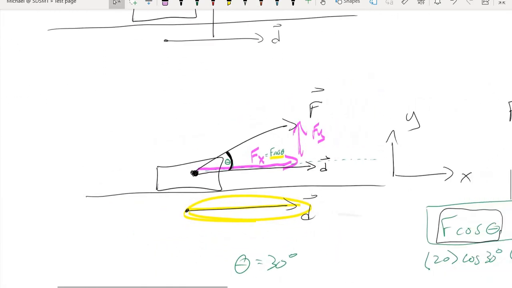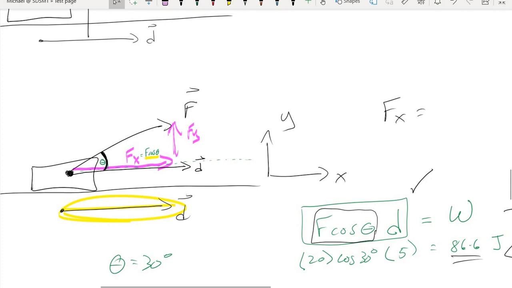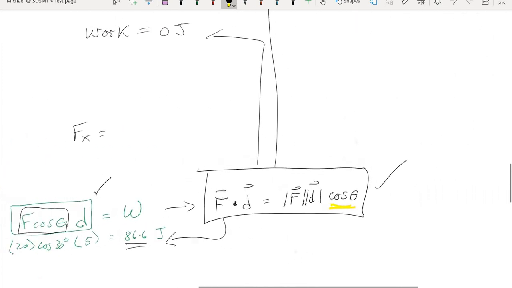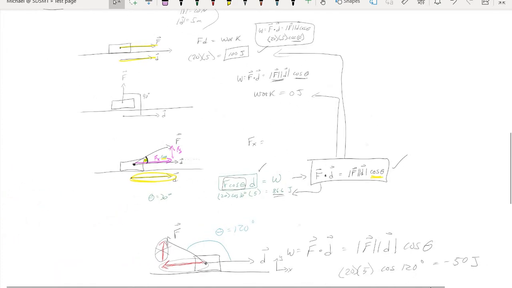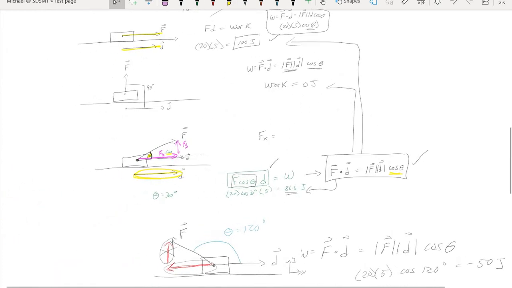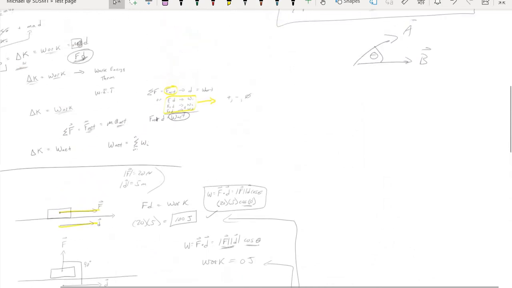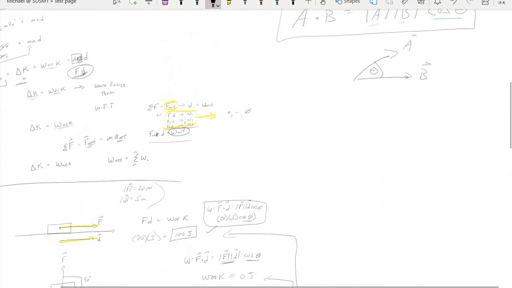Likewise, for the third case, do I really need this xy axis over here, or do I just need to know what the angle is? And as it turns out, I just need to know the angle that exists between those vectors, and I can get the work. Once I have the work, that's a scalar quantity. I can add scalar quantities together, and I can produce the net work for the system.